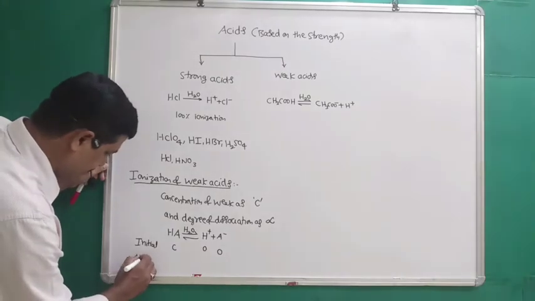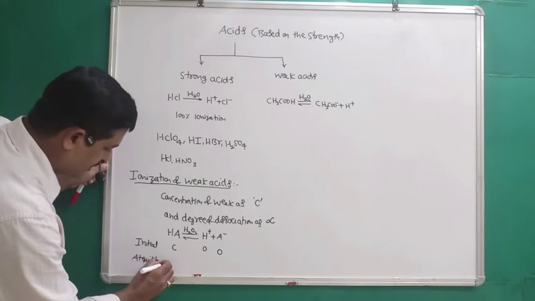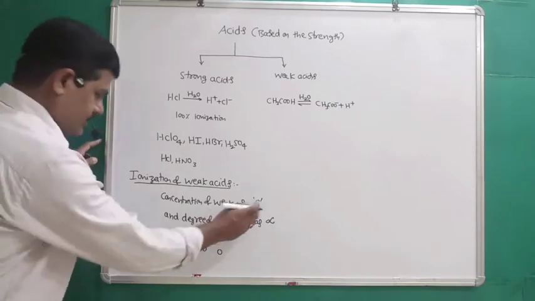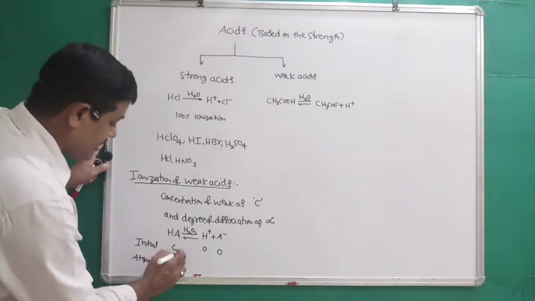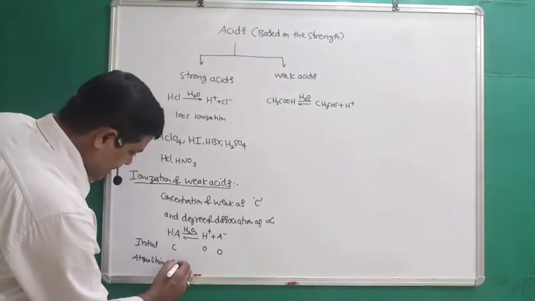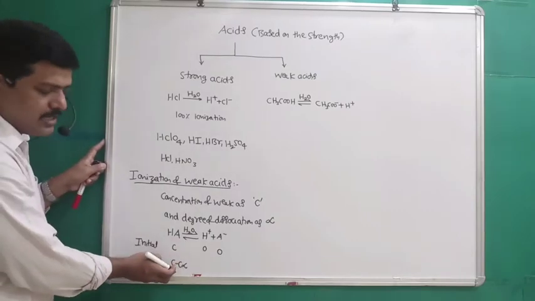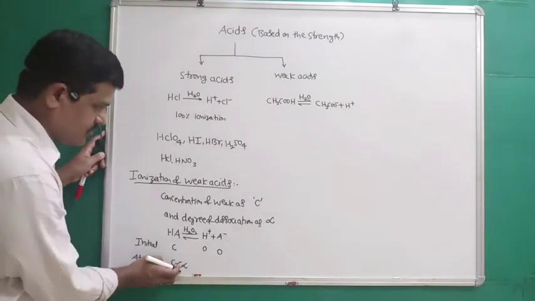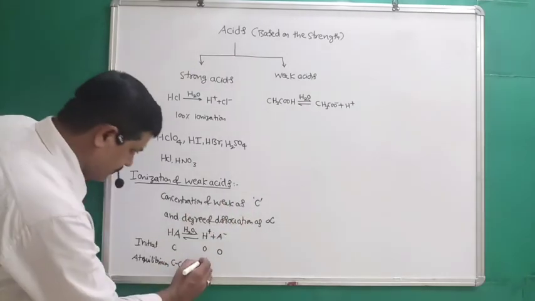At equilibrium, when we assume degree of dissociation as alpha, the concentration of acid is C minus C alpha, because out of the C concentration, C alpha is dissociated.